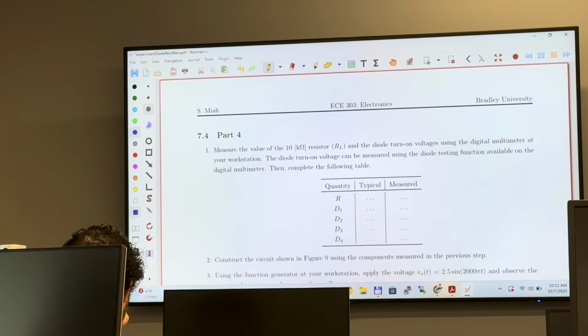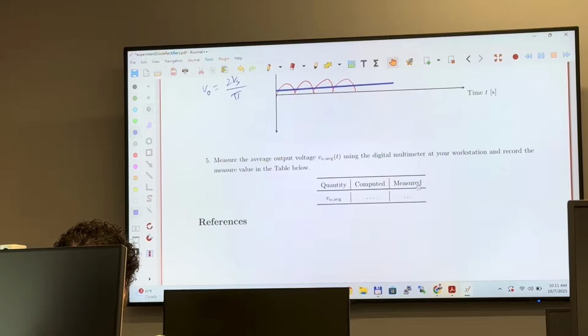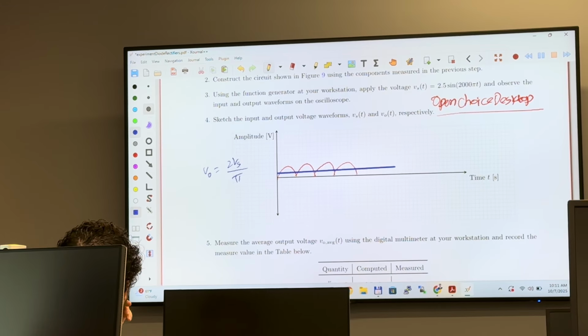And then you can measure this average voltage.